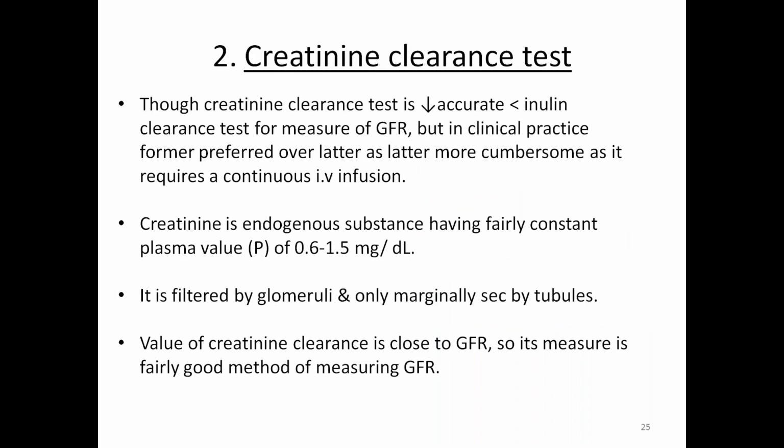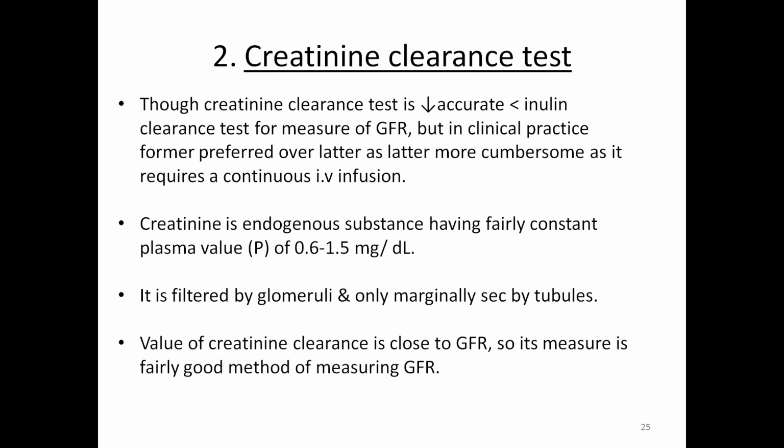Then let's go on to creatinine clearance test. So even though creatinine clearance test is less accurate than inulin, in clinical practice it is often preferred over inulin, because inulin is a little more cumbersome; as I told you, the method requires a continuous IV infusion.